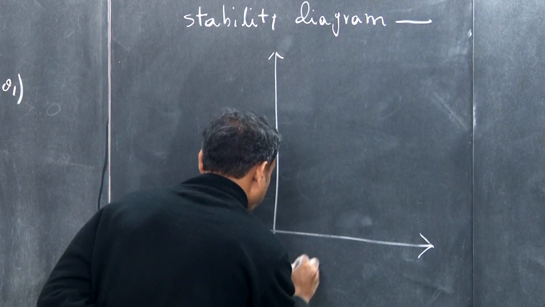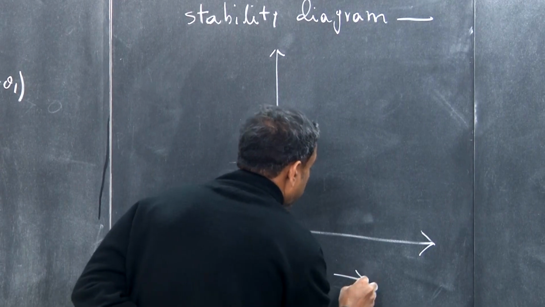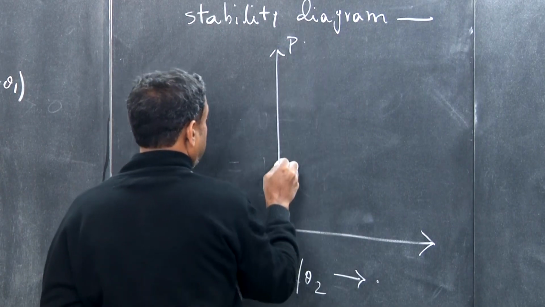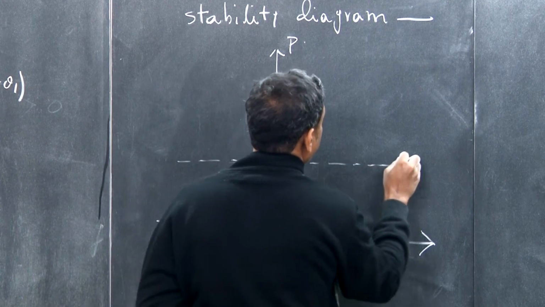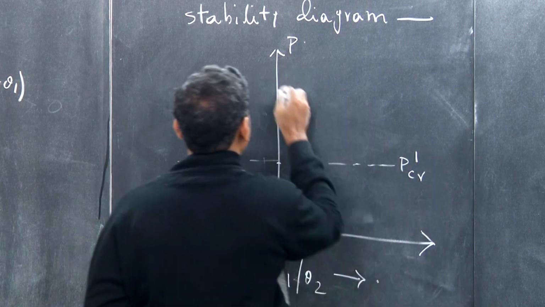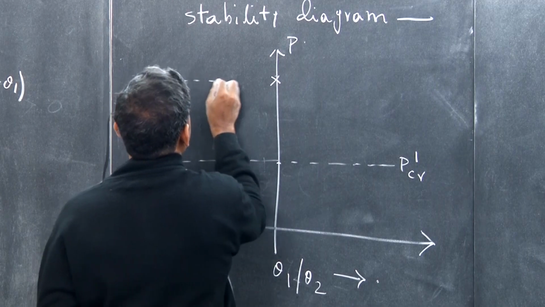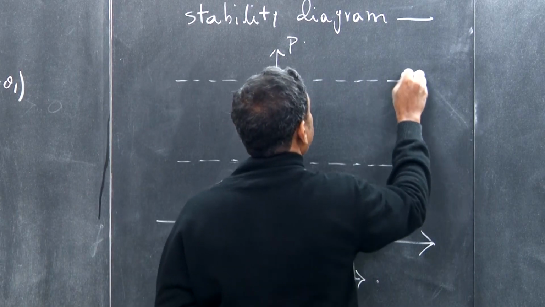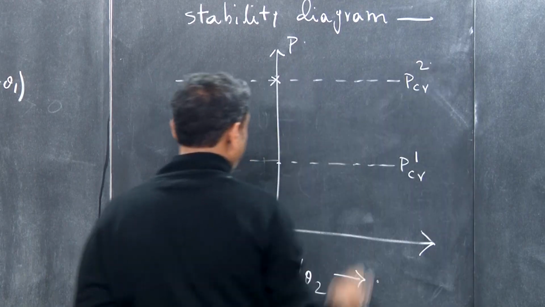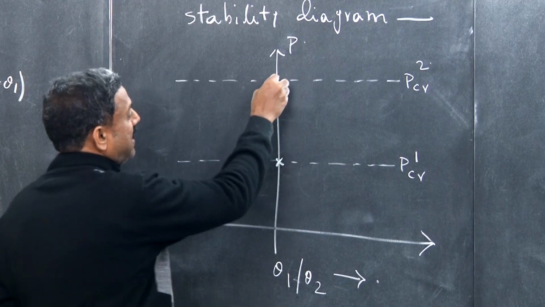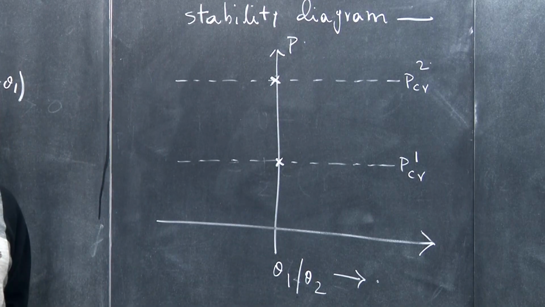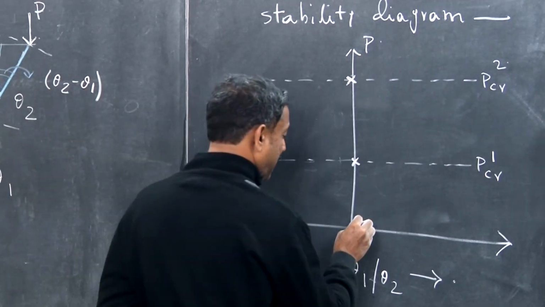Here I am drawing theta 1 or theta 2, and here I am going to put P, and here it is PCR1, PCR2. These are for the perfect structure when the bifurcation is occurring, which is characterized by the eigenvalue problem mathematically. But here what is happening, you will see.